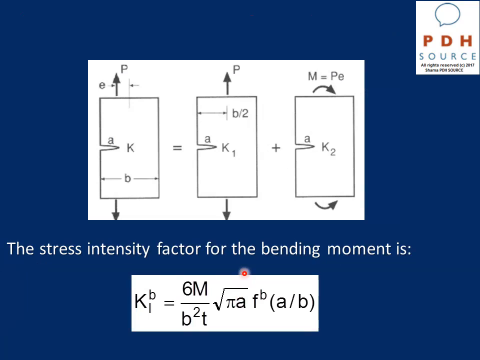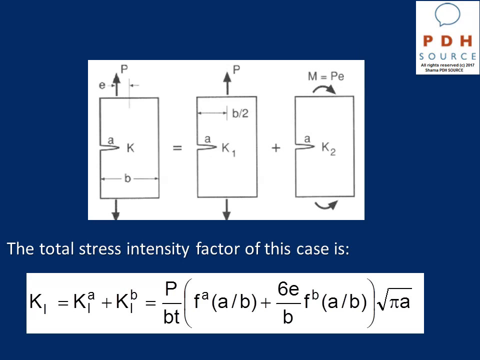Then the stress intensity factor for the bending moment can be calculated similarly with the bending stresses and another function for bending. Finally, if you add up the two cases, you come up with the total stress intensity factor K1, which can be calculated according to this equation.